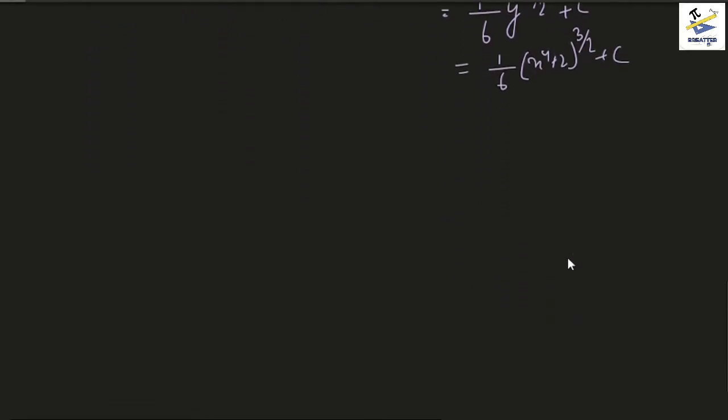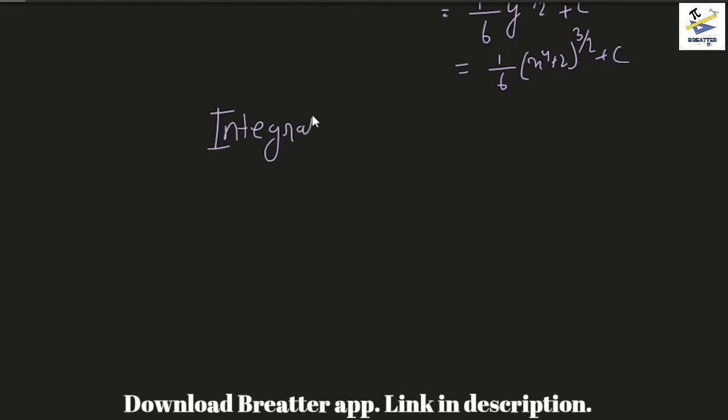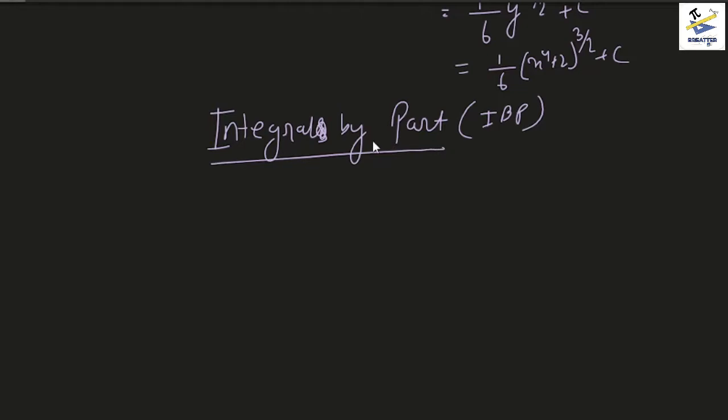So let me introduce you to the new concept, which is integration by parts rather, and then we can continue solving problems which are mixed from both the sections. Integration by parts, which is also known as IBP in short. As the name suggests, it is actually a rule to find integrals of the form where you have two functions, f(x) into g(x) dx.